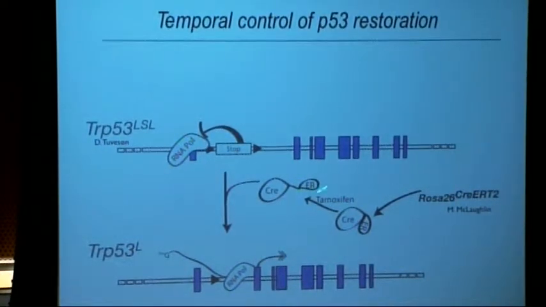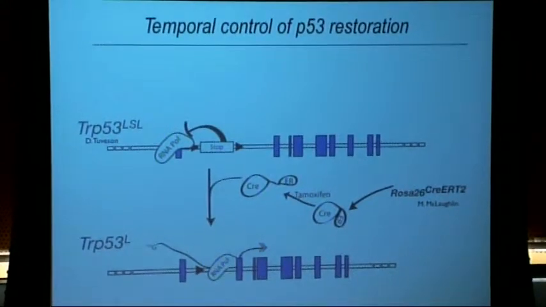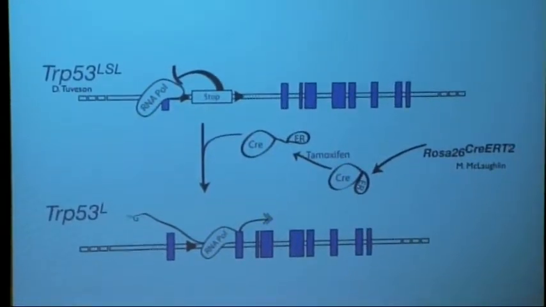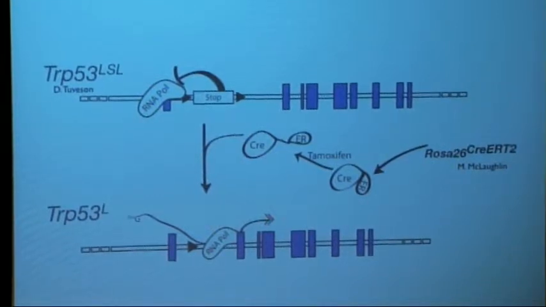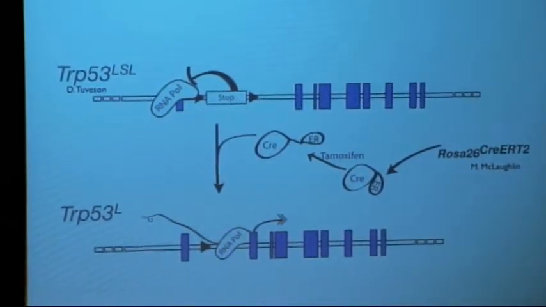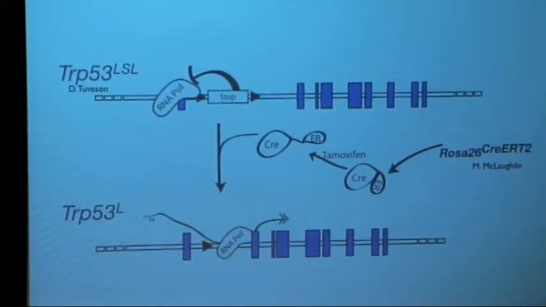You add tamoxifen, Cre gets activated, you remove the stop, and p53 comes back on. Now, animals that are homozygous for this mutation and carry this allele are cancer prone. They will spontaneously develop cancers, lymphomas, and sarcomas. And so Andrea Ventura in my lab first looked at the response of those tumor types to p53 restoration.